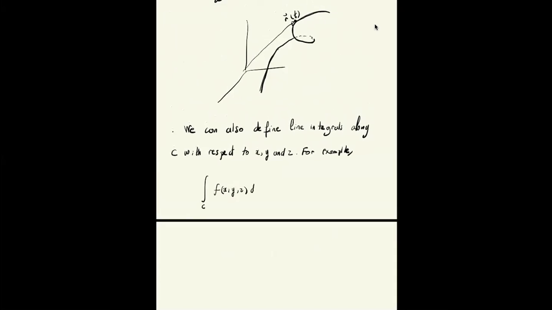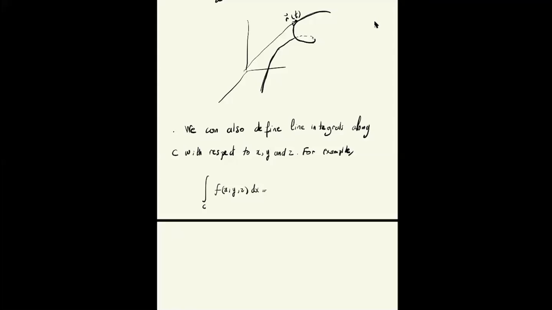Now, instead of delta s, we're not going to take delta s. When you move along the curve for some small t, you'll get a delta x.